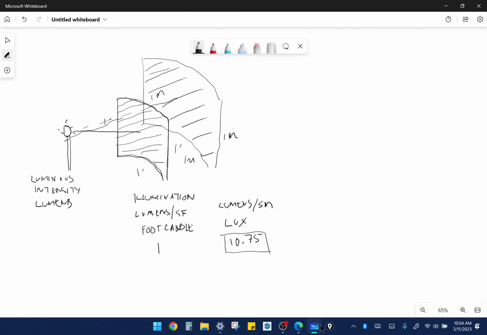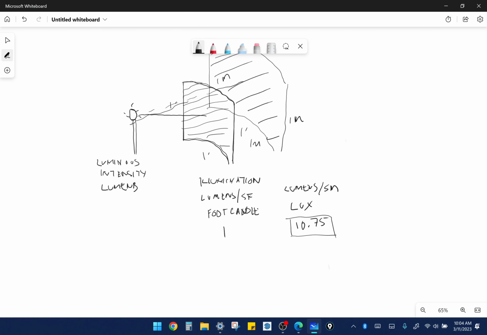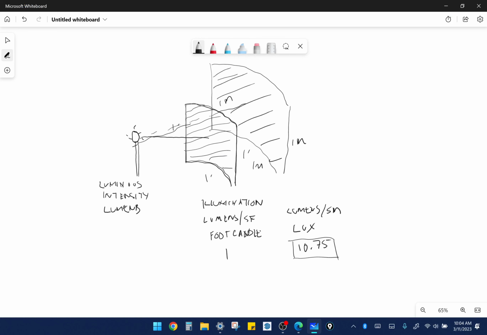Okay. So this is where the foot candles and the lux are coming from. And the main thing to remember is that it is lumens per area, per unit area.